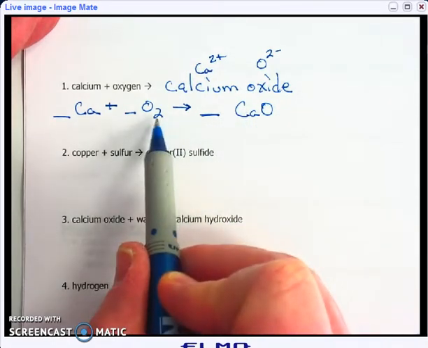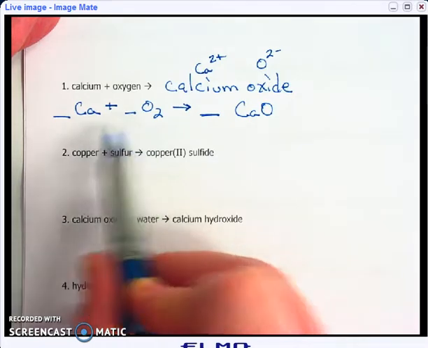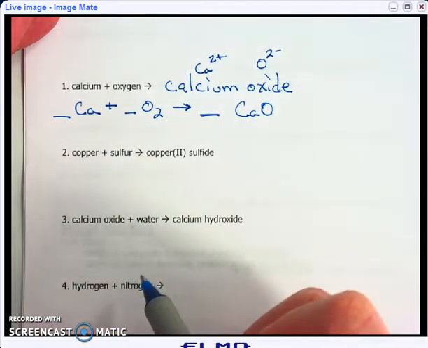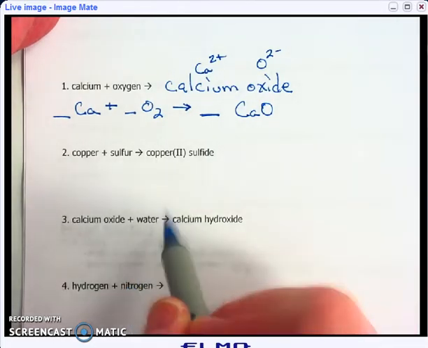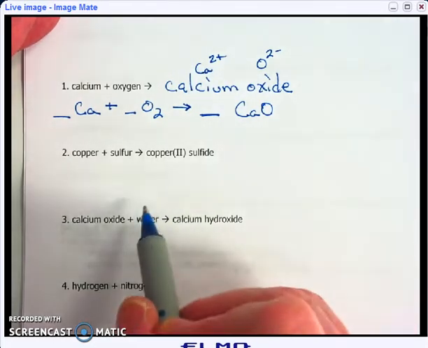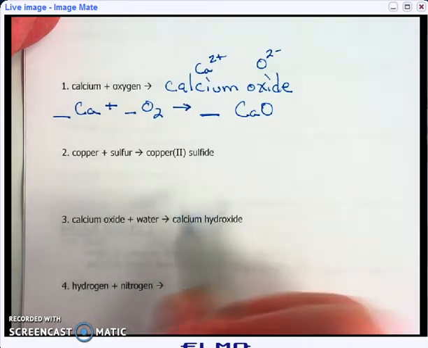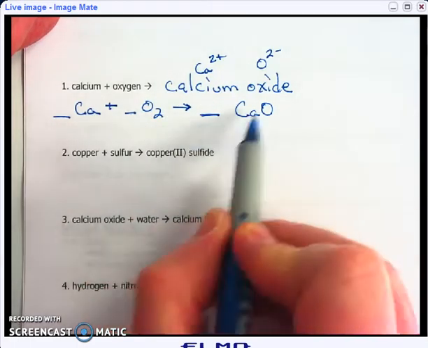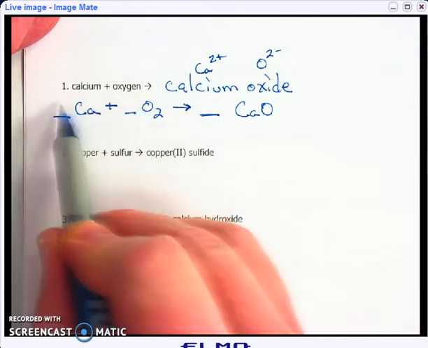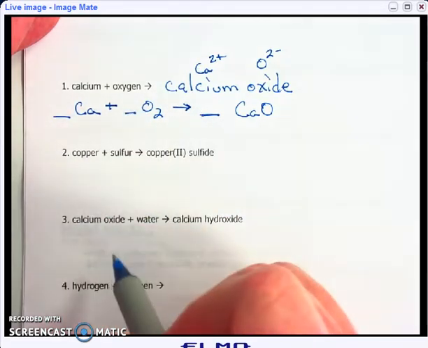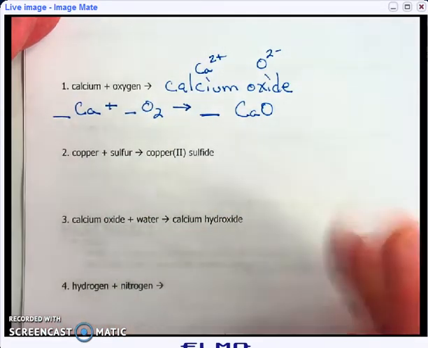It has nothing to do with what's over on the left side. Please make note of that, because once you start making that mistake, it happens over and over again. We'll take care of the various numbers by using coefficients to balance. That's how we'll take care of that situation.